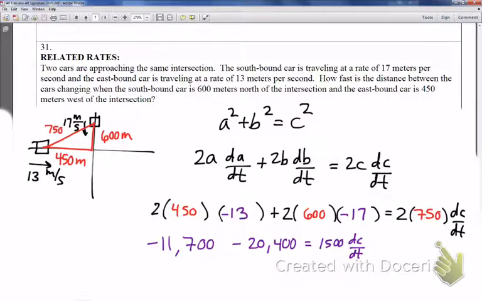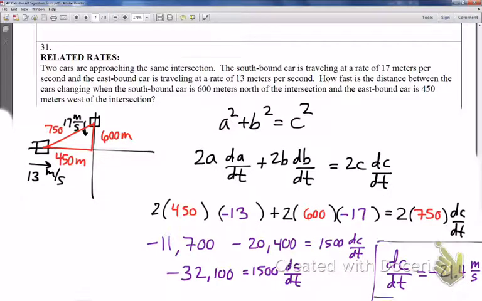So negative 11,700 minus 20,400 is negative 32,100. If I divide that by 1500 to get dC/dt all by itself, I get that dC/dt equals negative 21.4, and the units would be meters per second. So essentially the hypotenuse, or the distance between the cars, is decreasing at a rate of 21.4 meters per second. The cars are getting closer and closer together.